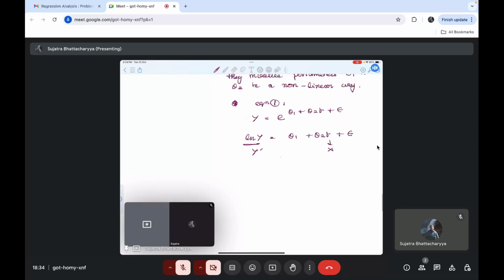So it's an intrinsically linear model. This kind of model is intrinsically linear, where you can just change one variable slightly, taking some logarithm or something like that, and reduce it into a linear form. That is, it can be converted to linear form.